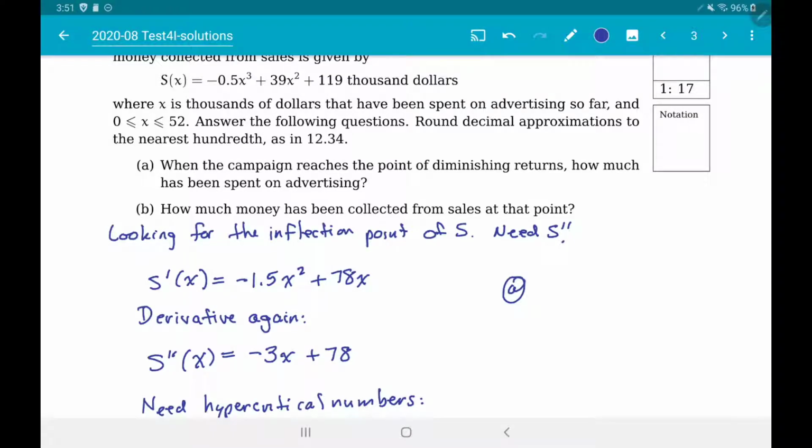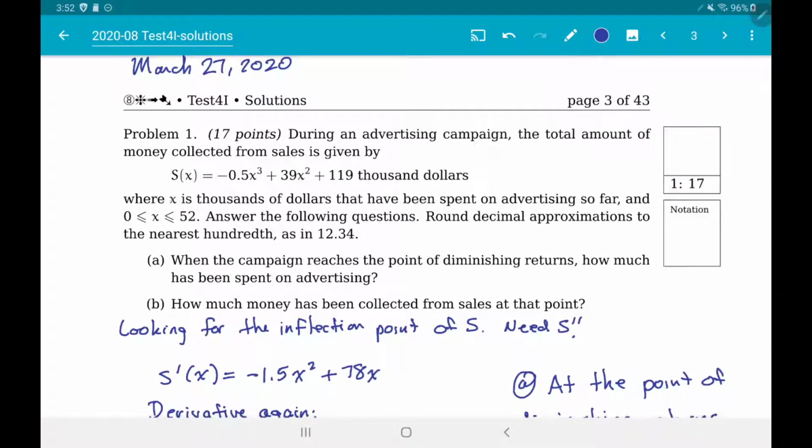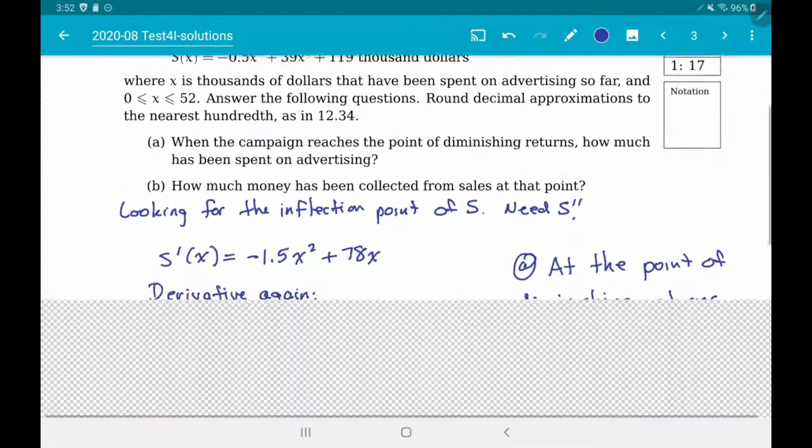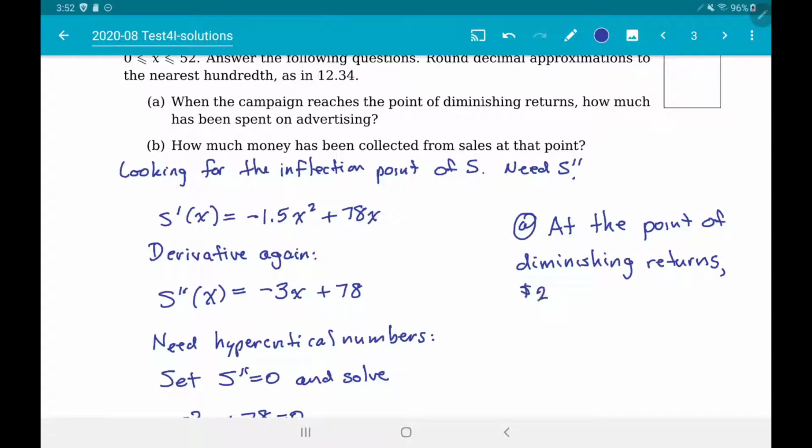Just to be especially complete about this, let's write this out. At the point of diminishing returns, well, got to remember how to interpret this. X is in units of thousands of dollars. So when X is 26, that means $26,000 will have been spent.